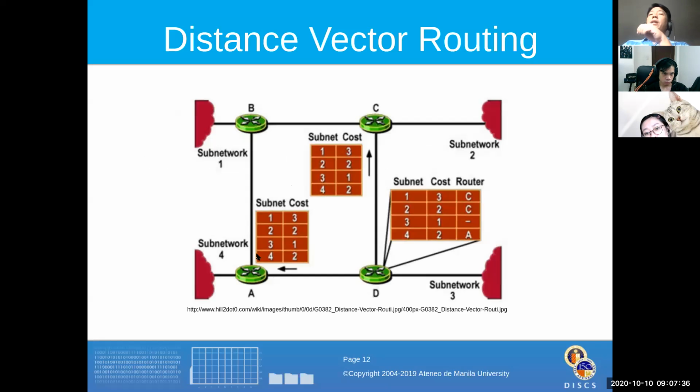Okay, so this is an example of how distance vector routing works, right? In this scenario, this is what the subnet costs look like. So for example, from subnet 4, I want to go to subnet 1, then we have a cost here. So cost 3, subnet 2, right? If it's via 2, it's subnet 2. So you can choose the cost depending on what you like.